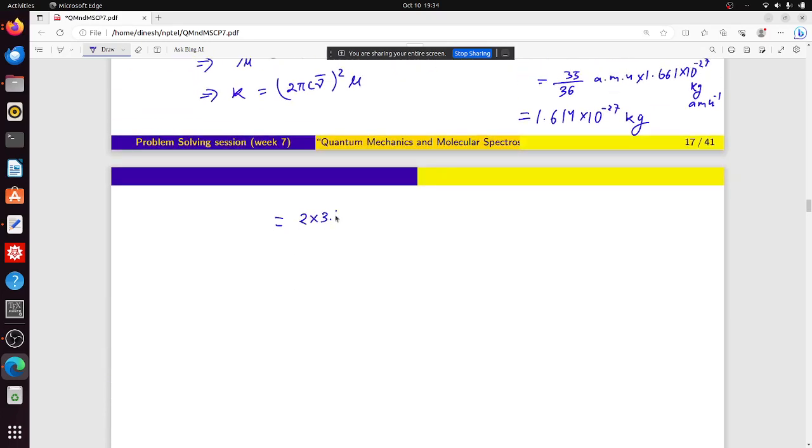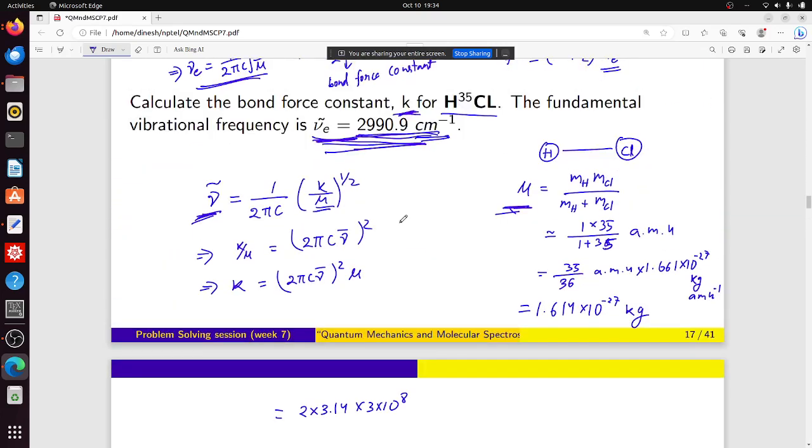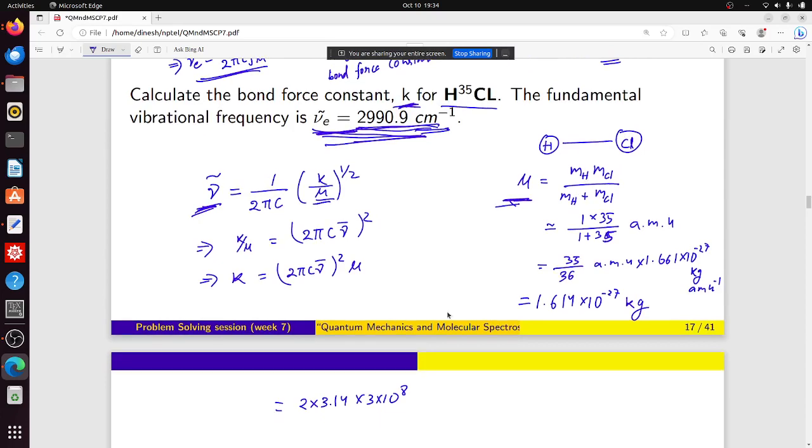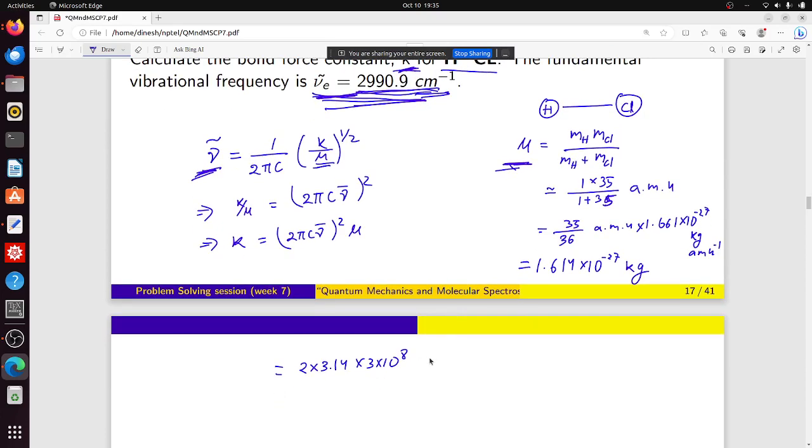2 times 3.14 times 3 times 10 to the power 8, and nu bar is given in terms of centimeter inverse, right? Now we can convert it to meter. So it's 2290 times 10 to the power 2 meter inverse.